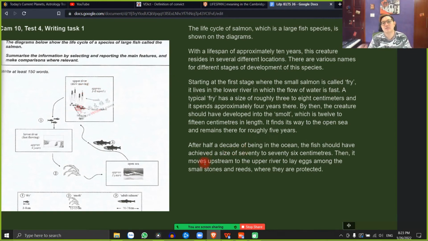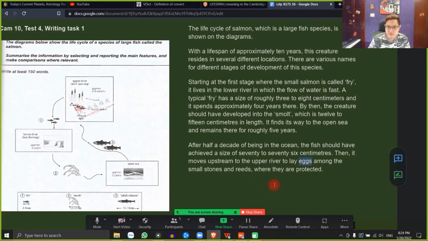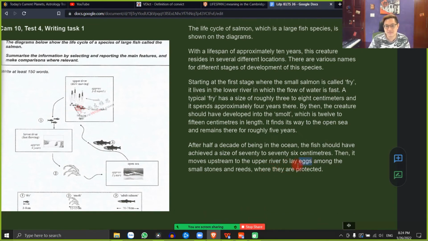So "they" here stands for eggs, you know. "They" here refers to the word eggs. Lays eggs among the small stones and reeds where they are protected.